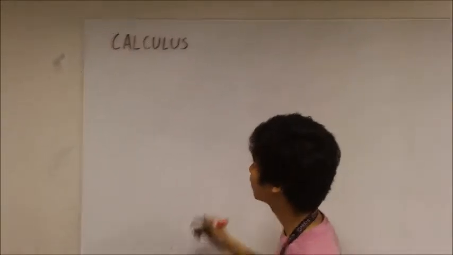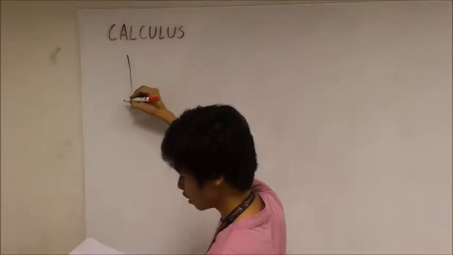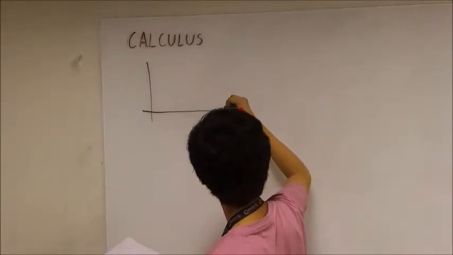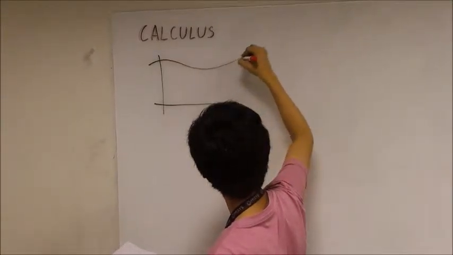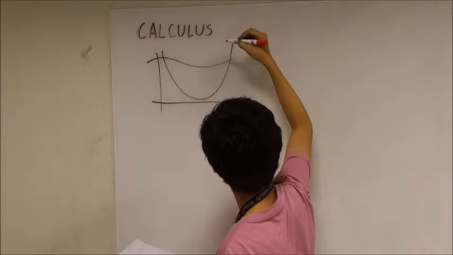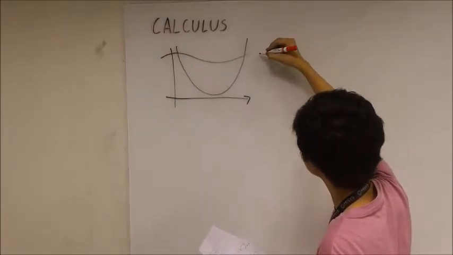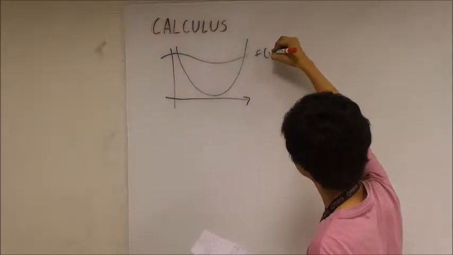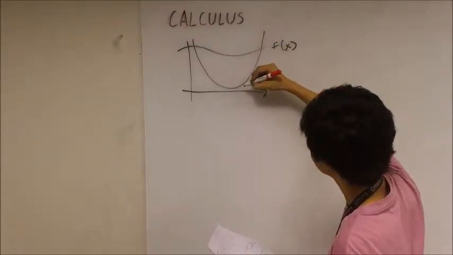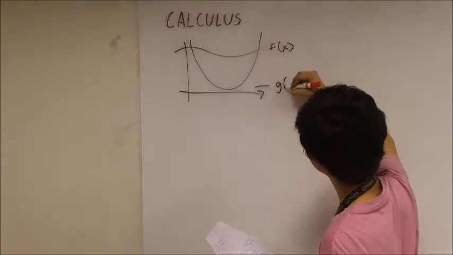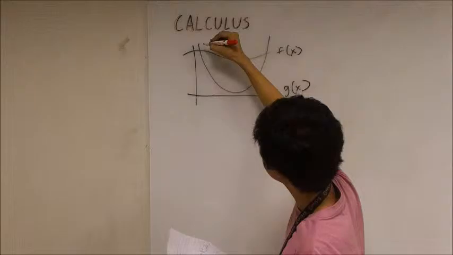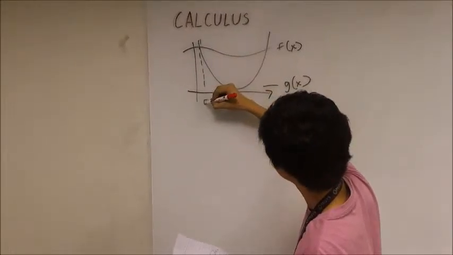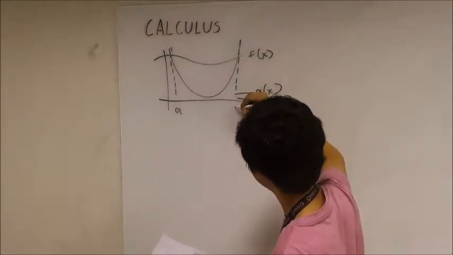Okay, this time we're going to show you how we look for an area that is bounded by two curves. So let's say this is the first curve, f of x, and this is the second curve, g of x. And it is bounded by a and b.